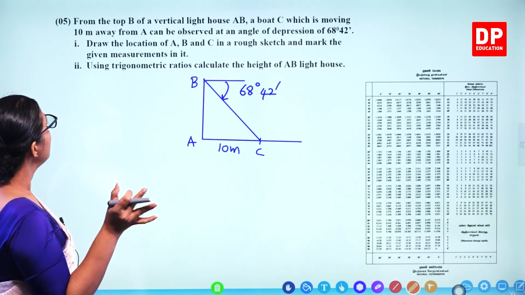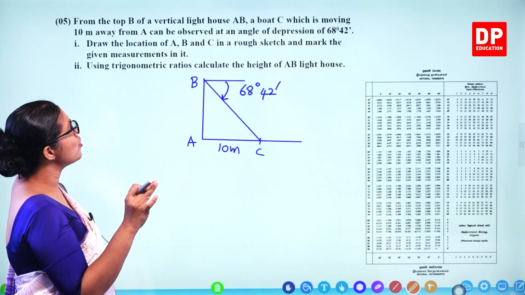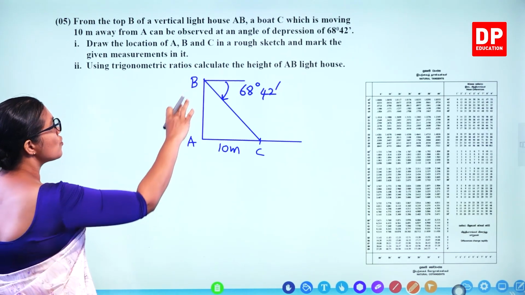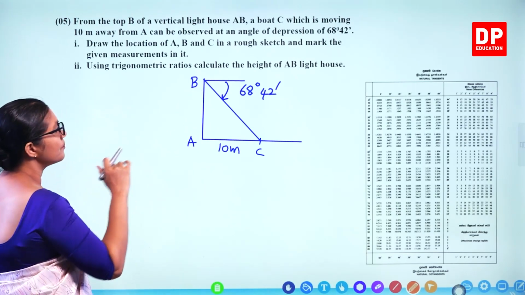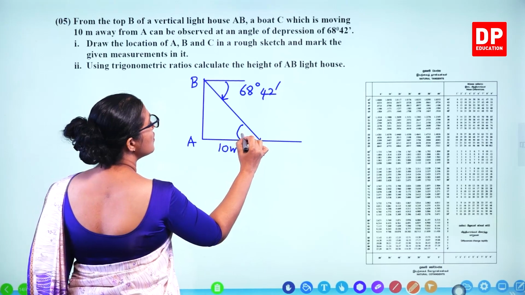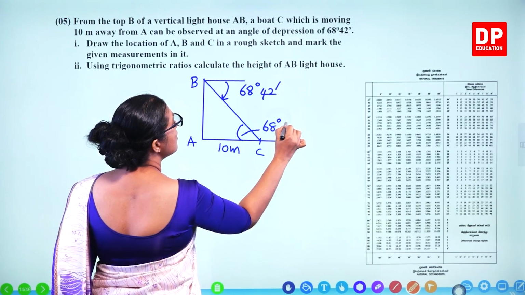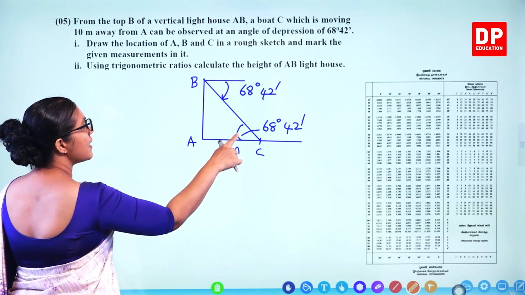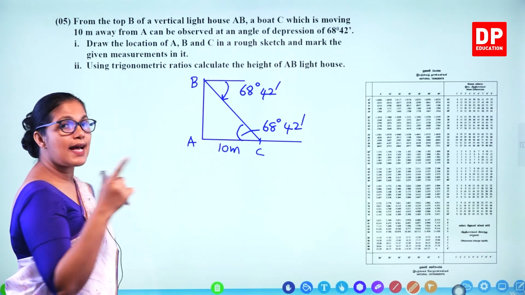So, you get marks for that. Then using trigonometric ratios, calculate the height of AB, the lighthouse. So this height. This angle is the same here, 68 degrees 42 minutes. To this angle, this is opposite and this is adjacent.